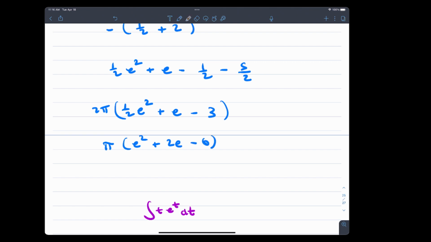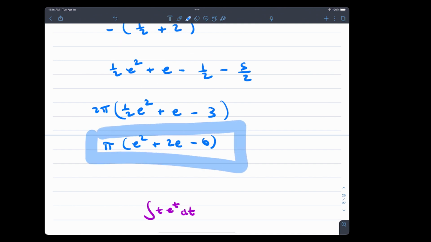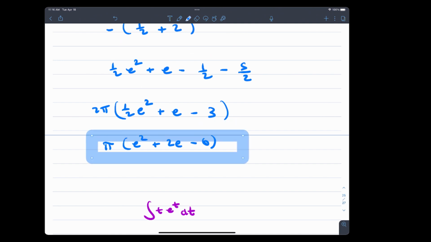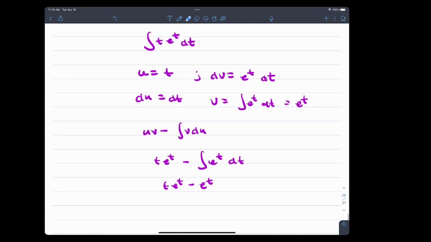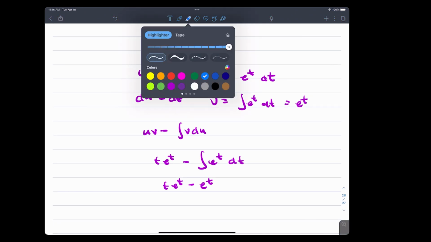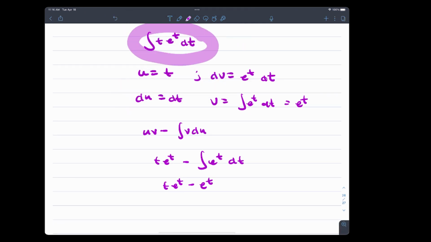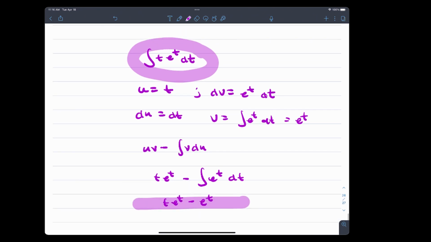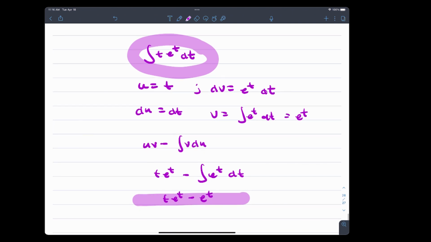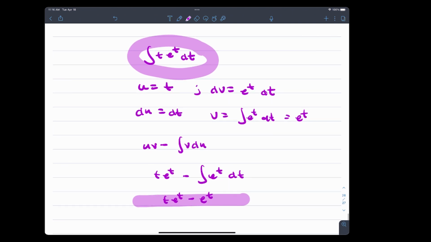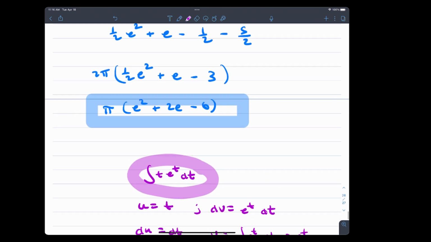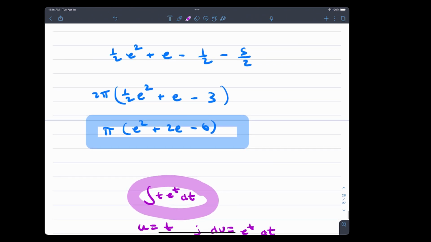And yes, sure enough, that is the answer. This is the answer I got prior. So yes, be careful that you're using the right what? Formula. If you have it memorized. That's the moral of the story. The integral of t e to the t dt is actually t e to the t minus e to the t, not minus a t. And there's your final answer. Good to go.